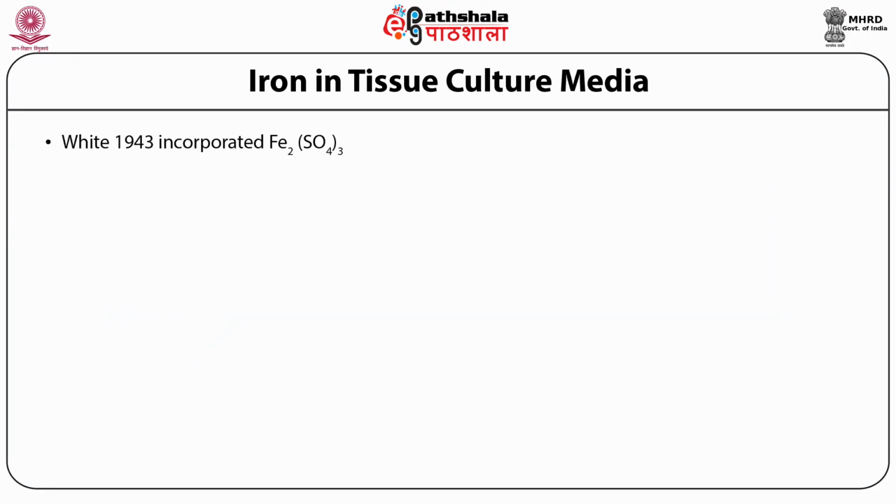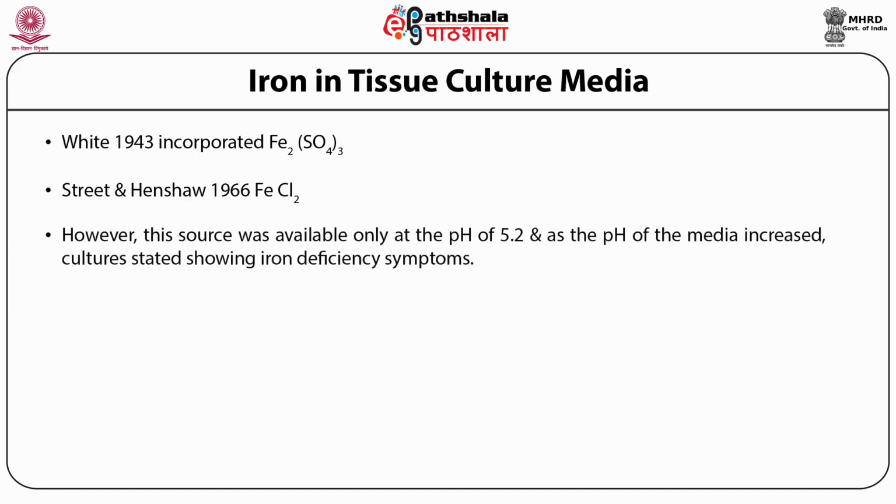White was the first to incorporate ferrous sulfate in his media in 1943, and thereafter Street and Henshaw introduced ferric chloride. Then it was found that these compounds are not very stable, and as the media pH changed, they became unavailable to the growing tissue and deficiency symptoms started appearing.